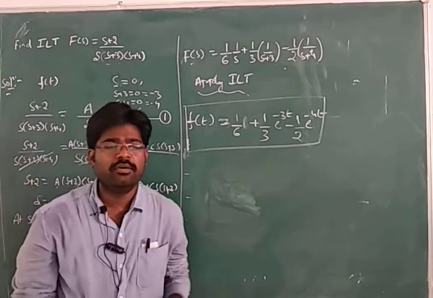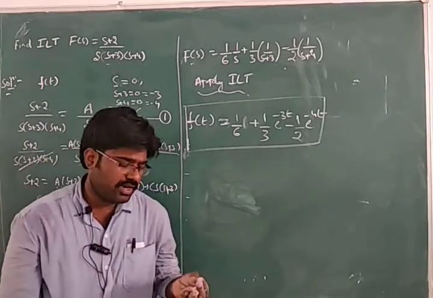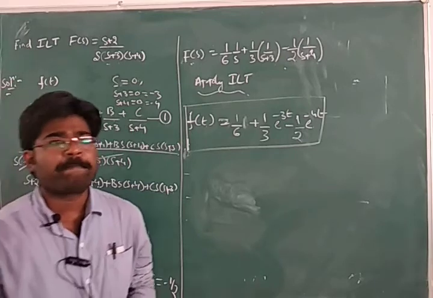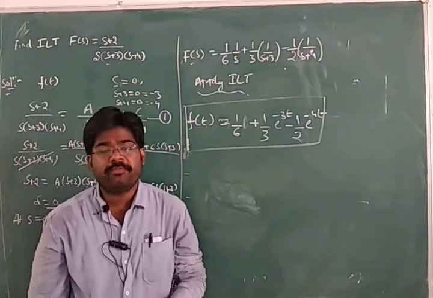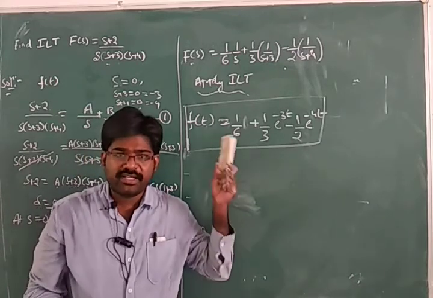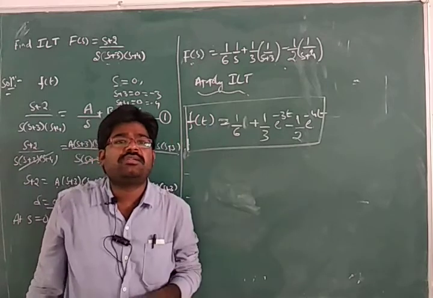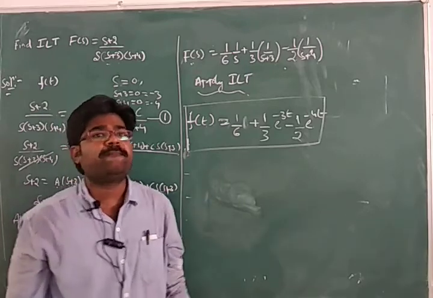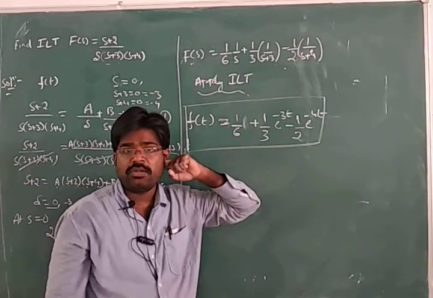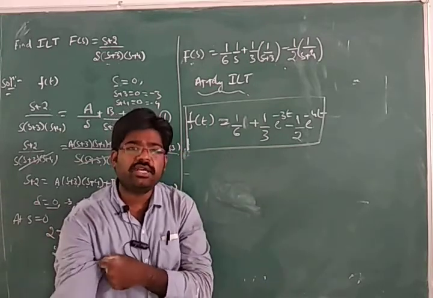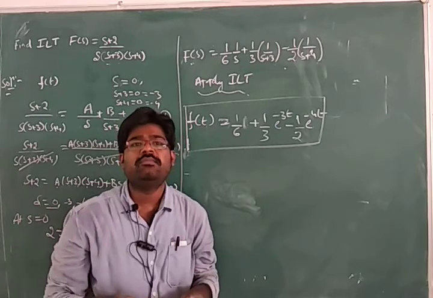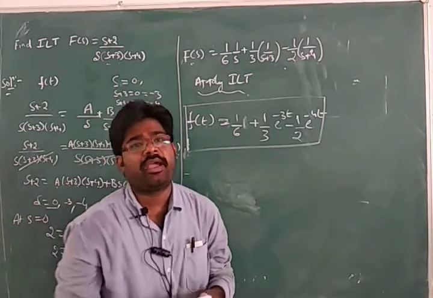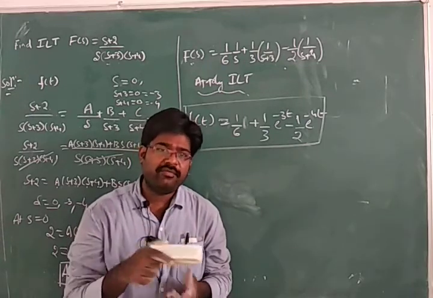With this, we came to know what a control system is, what the types of control systems are, what an open loop control system and a closed loop control system are, what feedback is, what the types of feedback are, what a transfer function is, what Laplace transformation and inverse Laplace transformation are, and how to solve problems using these techniques. Then the transfer function of closed loop and open loop control systems: throughout the syllabus we use the closed loop control system, and its feedback is negative feedback, because negative feedback is employed everywhere in control systems.